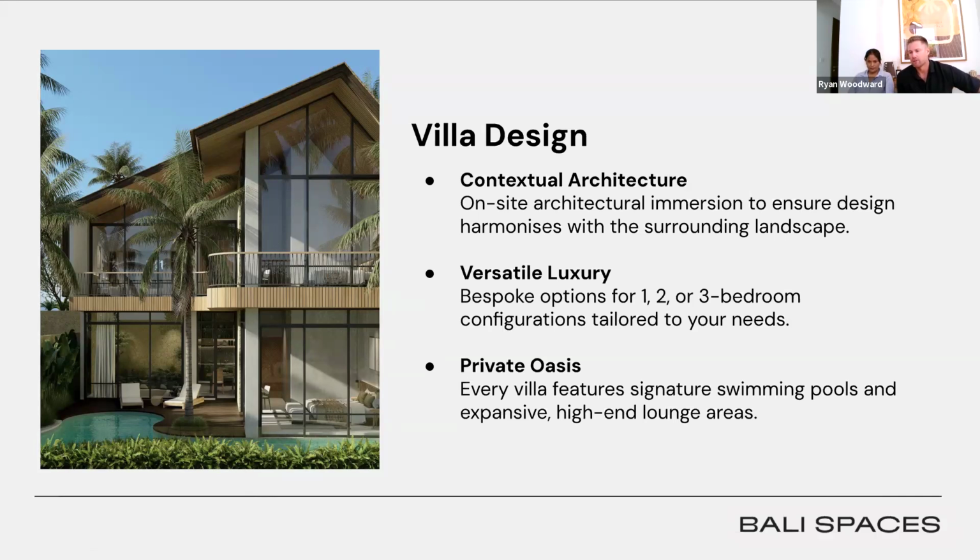So we've got a modern tropical design here, which gives a nod to Bali, and has a lot of wood elements and natural stone. All of our complexes come with the option of 1, 2, and 3 beds. This just caters for different guests, different demographics, and also prevents competition from within the complex. One more thing to note is all of our villas actually come with a private pool.